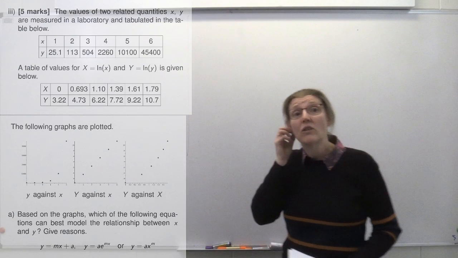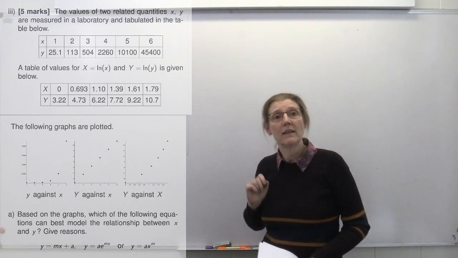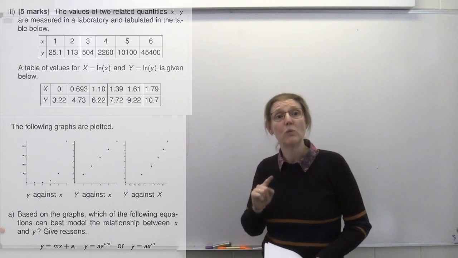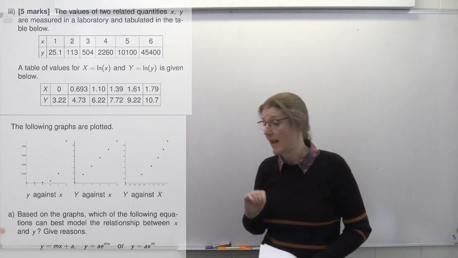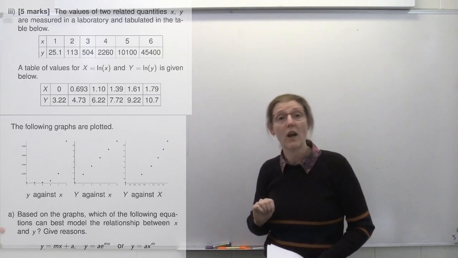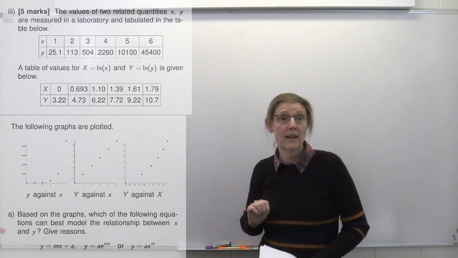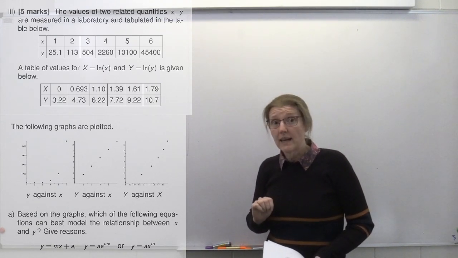So this does not look like a straight line. On the other hand, the second plot, capital Y, which is our log of y against x, does certainly look like a straight line. It even goes through the origin. Very close. So it's a real candidate.